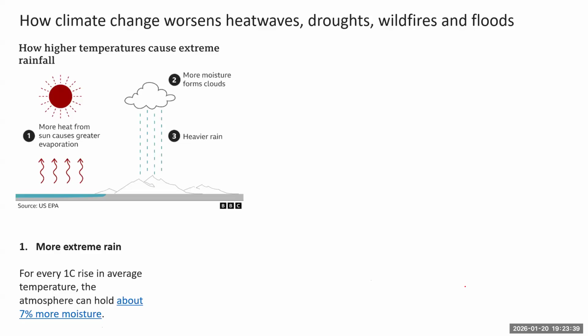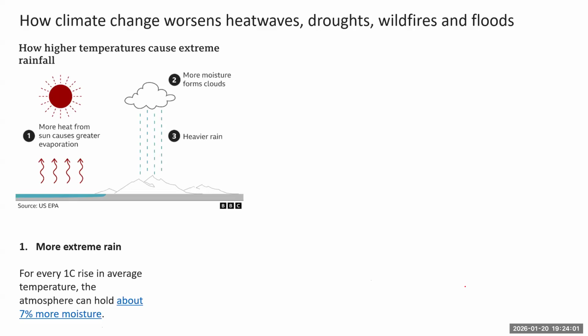So one example is, every 1 degree Celsius increase in temperature, the atmosphere can hold about 7% more moisture. Okay? This is the reason why there are many places with heavy rains and floods.